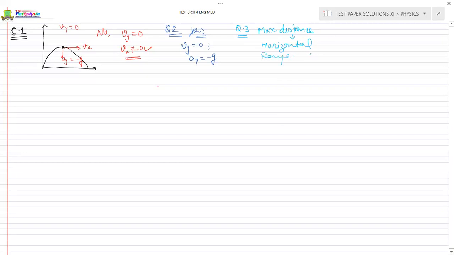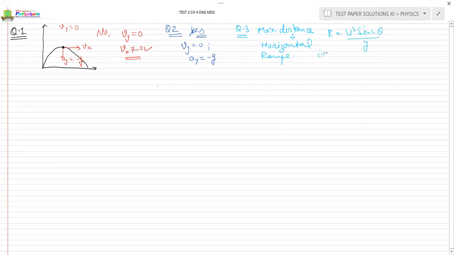And what is the formula for the horizontal range? The formula for the horizontal range is R is equal to U square sine 2 theta upon G.